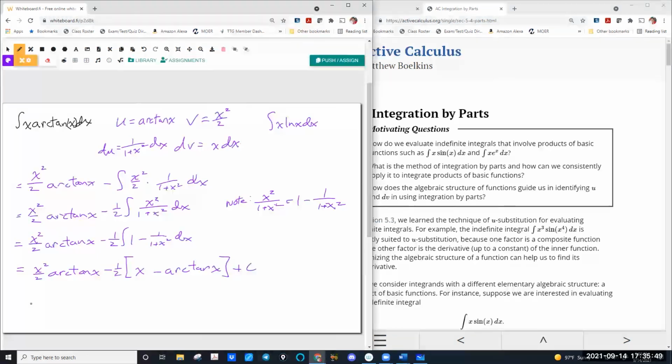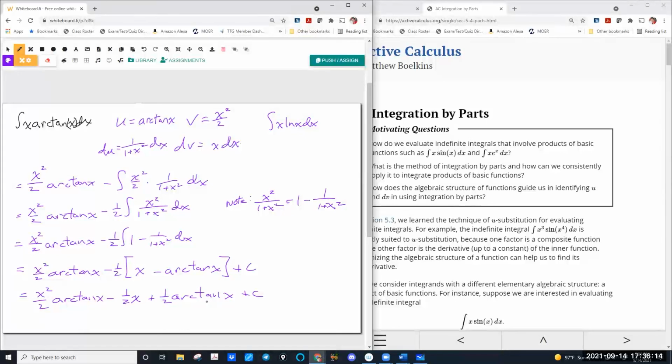And if we want, we can distribute the minus 1/2. So x squared over 2 arctan of x minus 1/2 x plus 1/2 arctan x plus c. I get it. It's not a pretty antiderivative. It's got 3 terms.